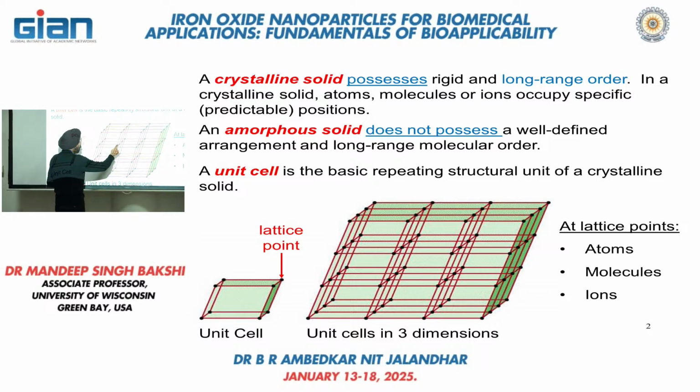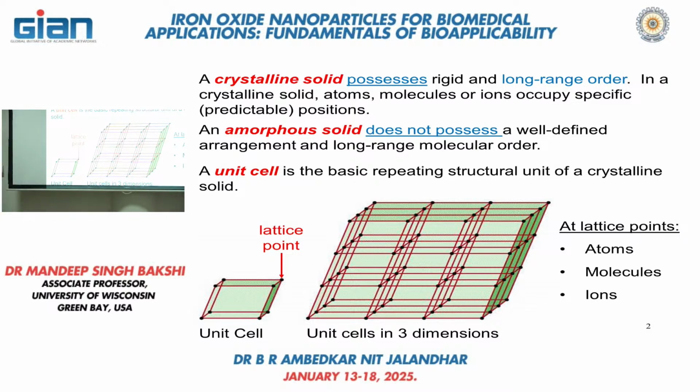If I am moving in any of the 3 dimensions, x, y, and z axis, you will see exactly the same pattern running across the 3 dimensions. That is not the case of the amorphous solid. In the case of the amorphous solid, this kind of regular arrangement is disturbed immediately as you try to move either along the x-axis, y-axis, or the z-axis.